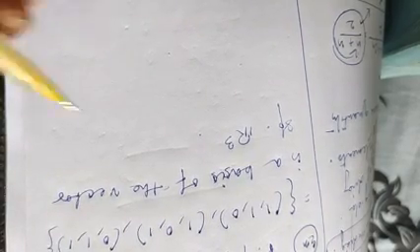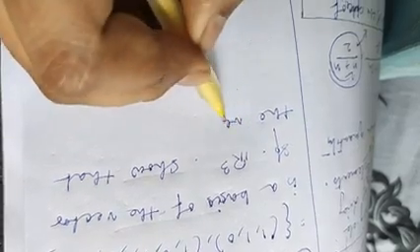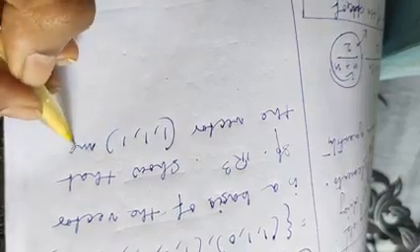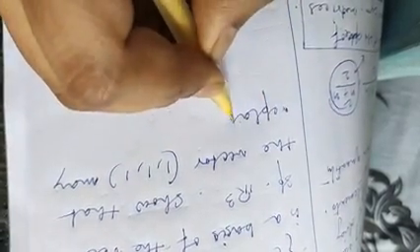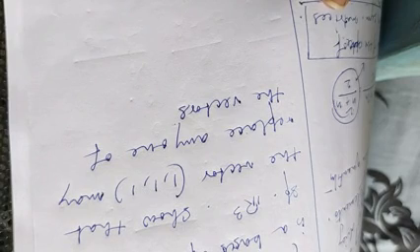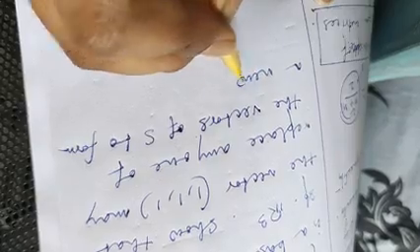Show that the vector 111 may replace any one of the vectors of S to form a new basis of R cube.